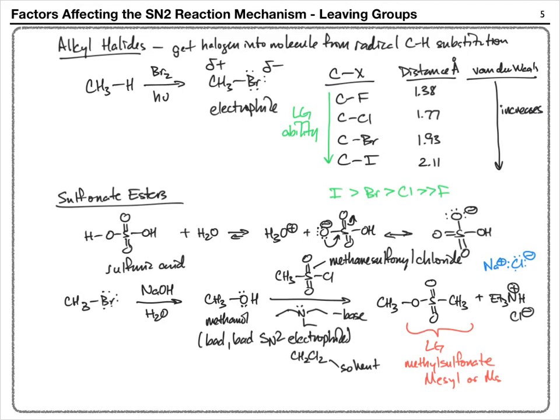So just as a quick review before we go on to the next slide, we have an alkane, no good leaving groups. We do radical substitution. We now put a bromine in, or chlorine. We have a good leaving group. We can take sodium hydroxide, do a substitution, get this OH.